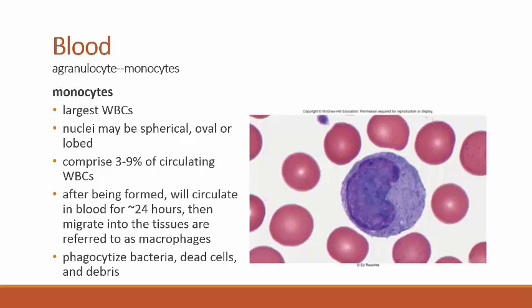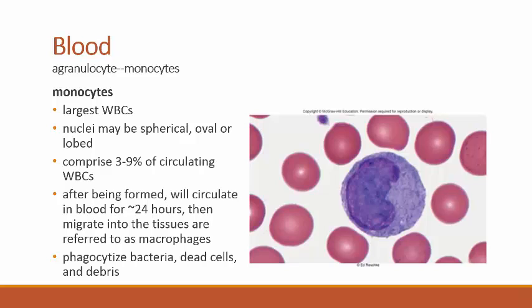But after they've circulated for about 24 hours, then these dudes will migrate out of the blood and into the tissues. And once they're found there in the tissues, they crawl around and are very phagocytic. So they are referred to differently. We change their name, and this is because it wasn't recognized that monocytes and macrophages were the same cells, just in different locations.